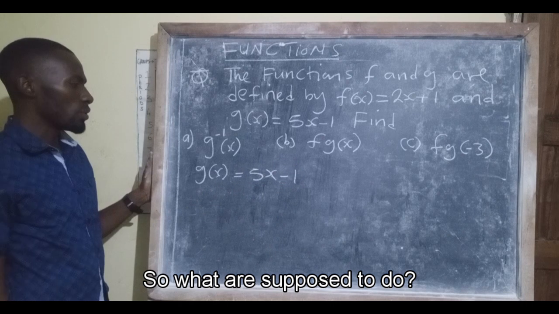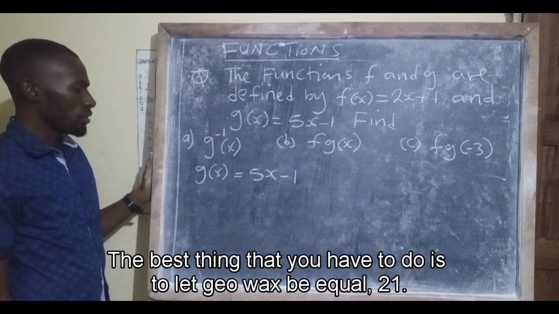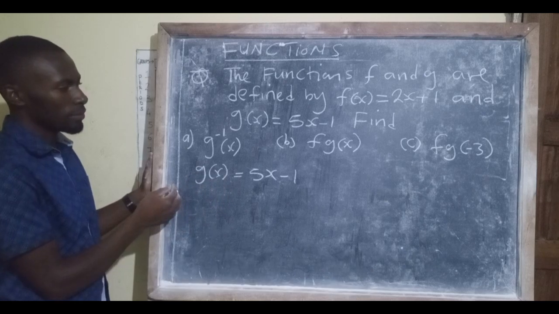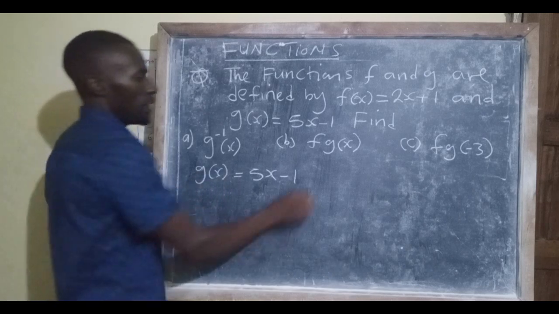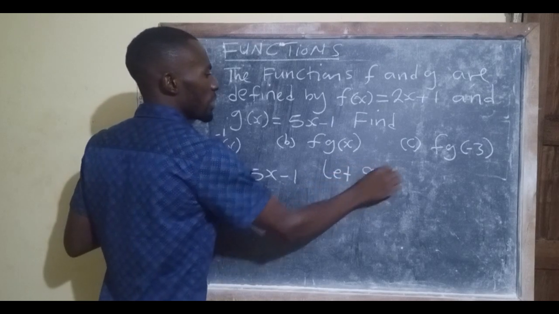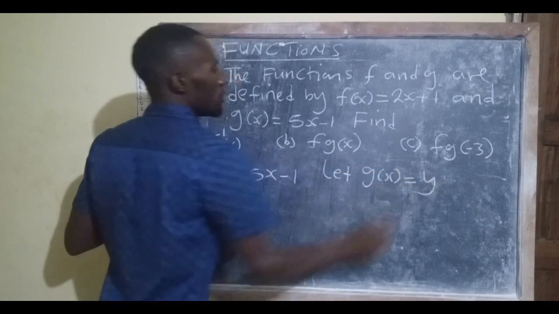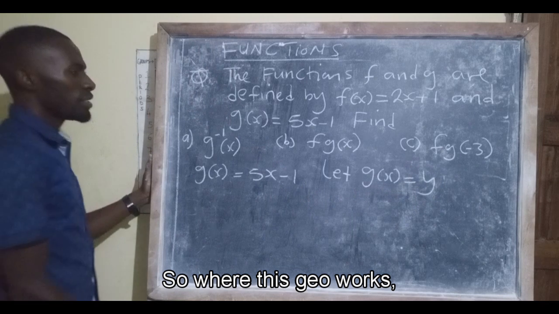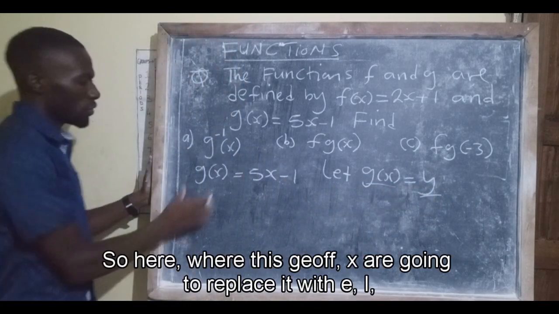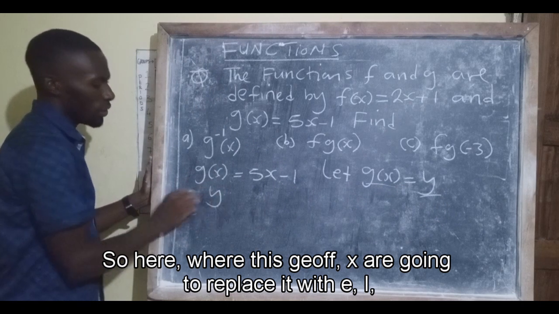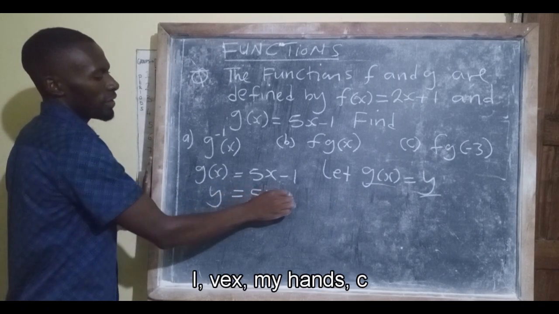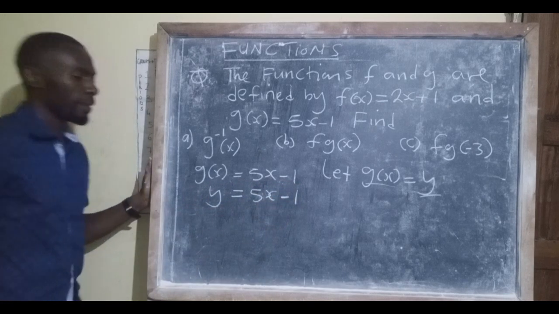The first thing that you have to do is to let g of x be equal to y. So where there is g of x, you replace it with the y, which is going to be 5x minus 1.